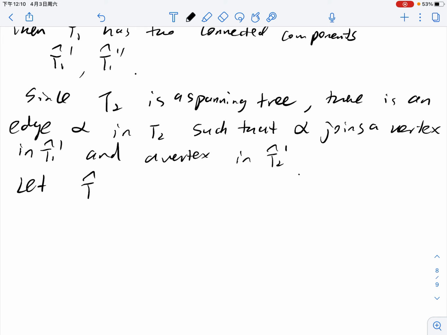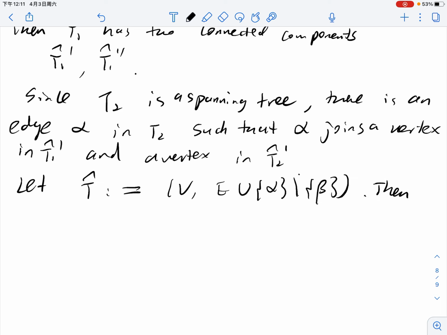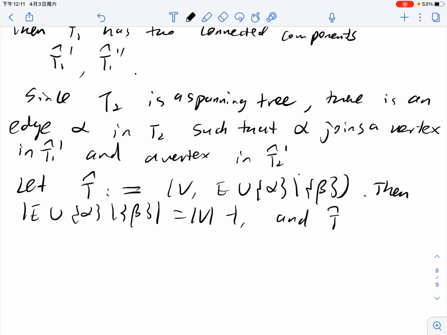Then consider T hat, which is defined by removing beta and adding alpha. Then the number of edges satisfies the requirement for a tree, and T hat is connected.